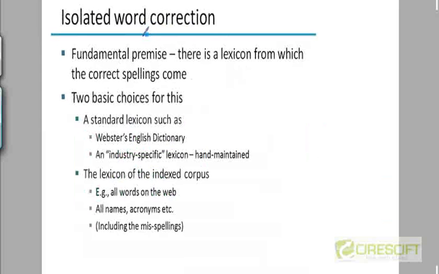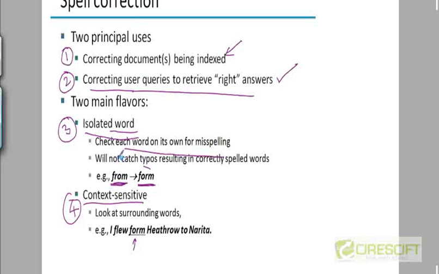So again, going back to the flow, we are looking at isolated word correction. We are saying that there is a standard lexicon which contains all the words with the right spellings, and we are trying to measure which of those words is closest to our given query term.